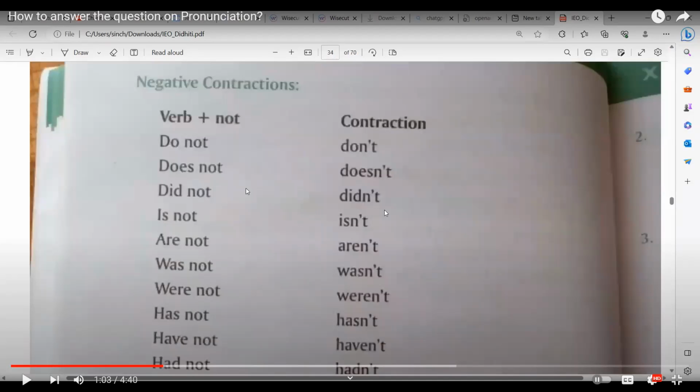Didn't. Apostrophe T. Very good. Now tell me the next one. Devanshu, can you tell me the next one? Yes, ma'am.